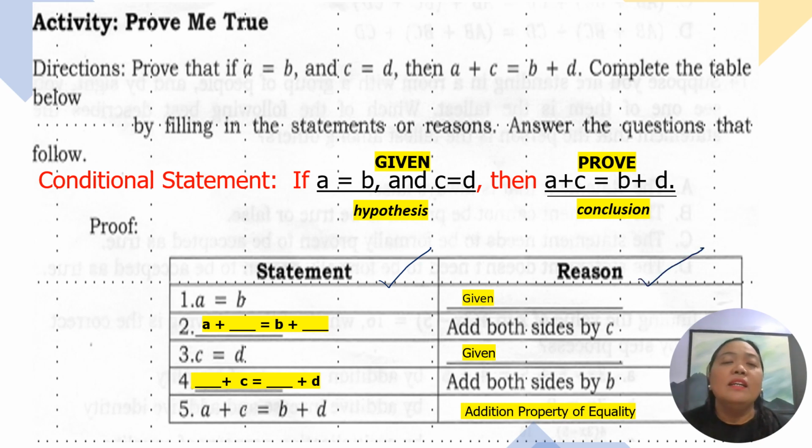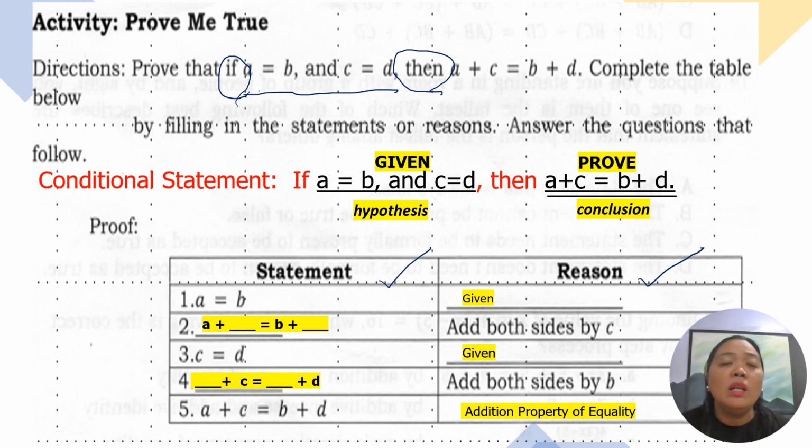All right, so shall we work on this activity? Let us start with your given. If A is equal to B and C is equal to D, we use the if statement followed by the then statement.